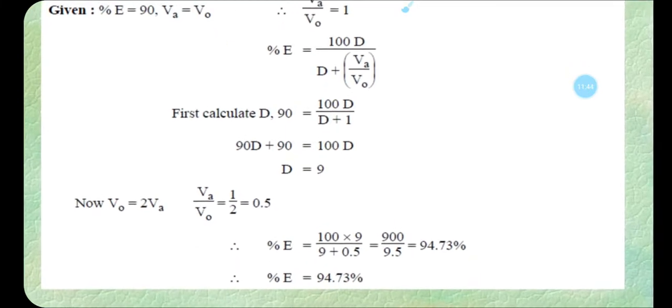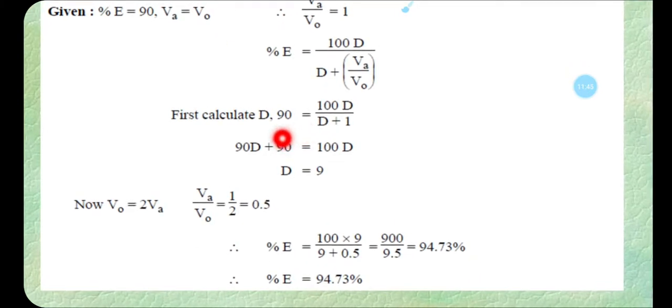Substituting the values: 90, that is percent extraction, is equal to 100 D divided by D plus the volume ratio, which is 1. Solving this equation, we get D equal to 9. Here we get the distribution ratio D value.